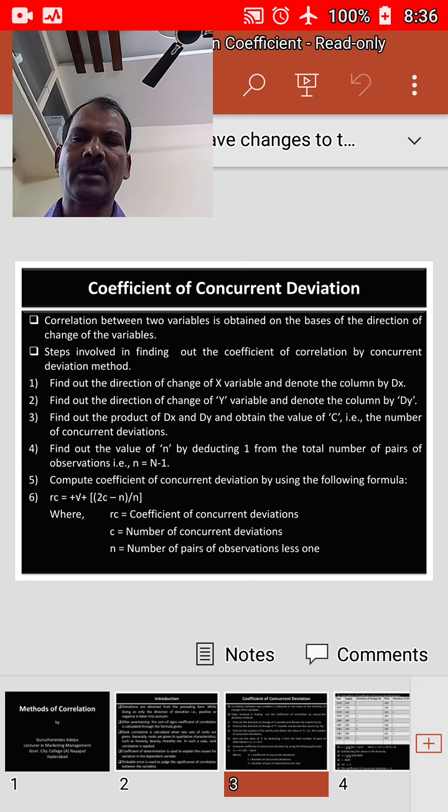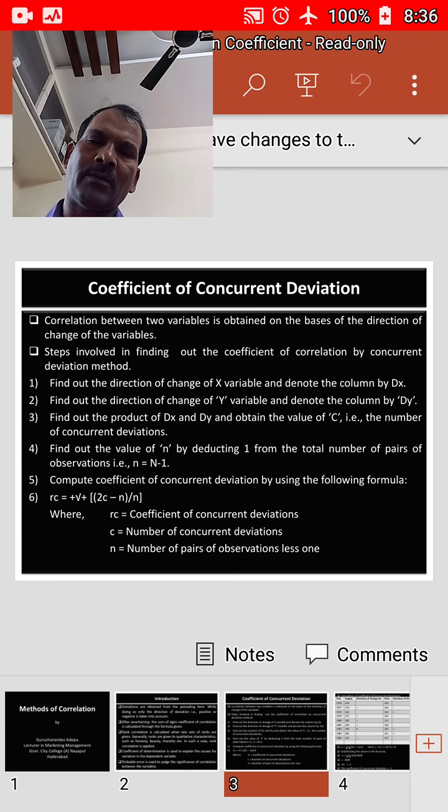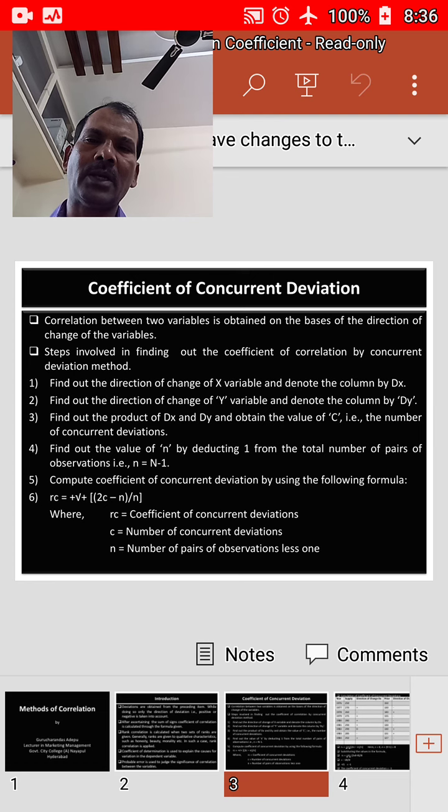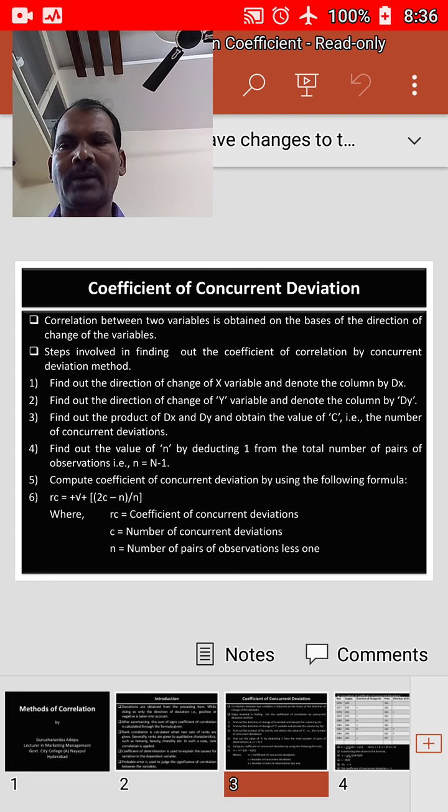Looking at the values of the given series and comparing each with its preceding value, you will put plus or minus signs and count them. Then these plus or minus signs of dx will be multiplied with the signs we get for the corresponding values of dy, and we will get dx into dy.